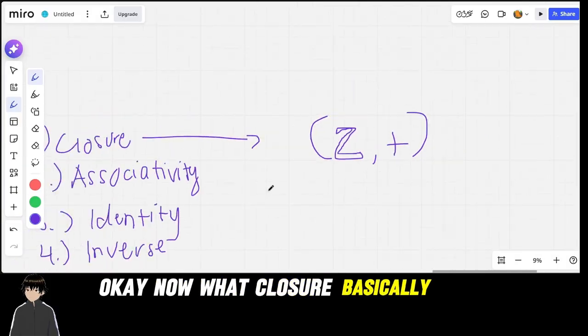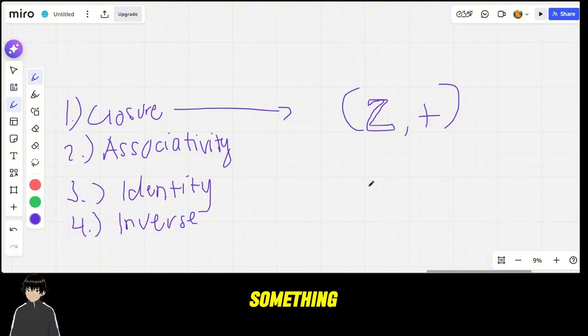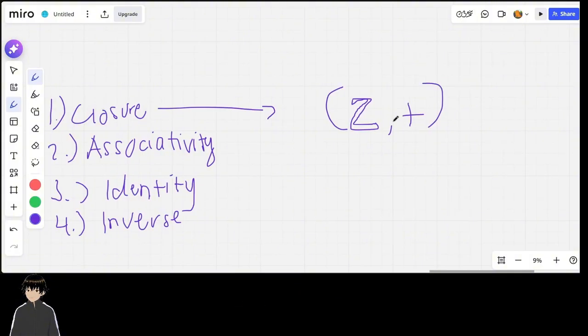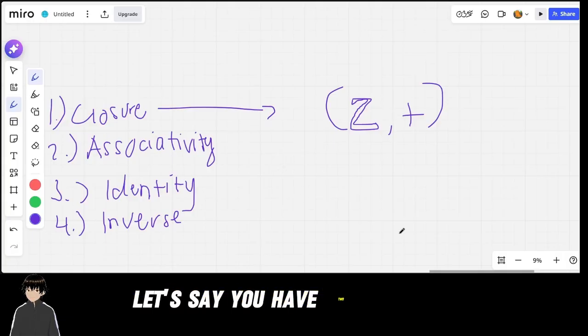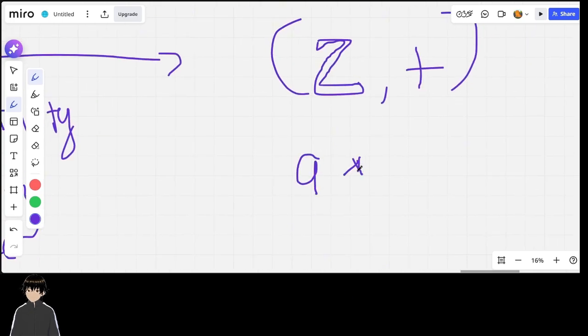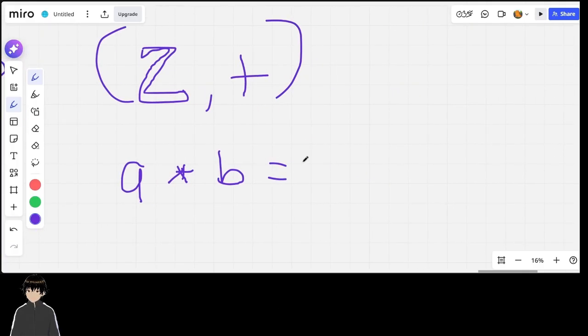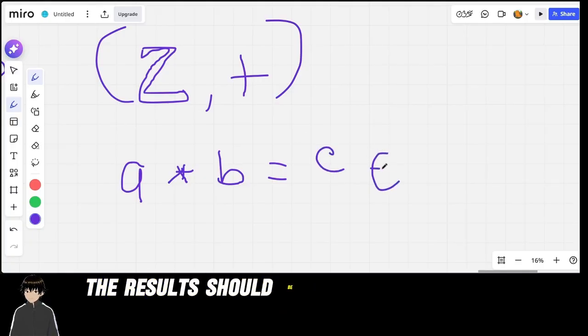Now, what closure basically means is that if you have two elements, whatever operation you do on them, the result, let's say C, should be in the set or in the group.